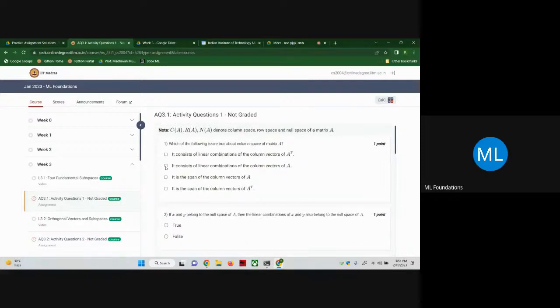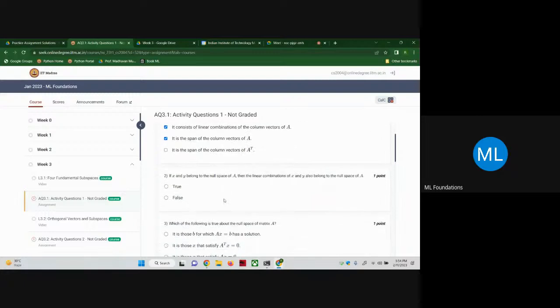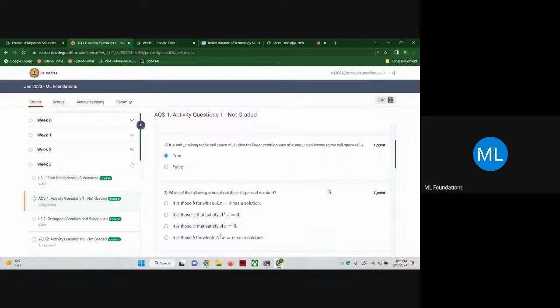No. Linear combination of column vectors of A? Correct. Is a span of column vectors of A? Correct. The last one is incorrect. If X and Y belong to the null space of A, then the linear combination of X and Y will belong to null space of A. That's true because null space of A is a subspace, so that holds true.